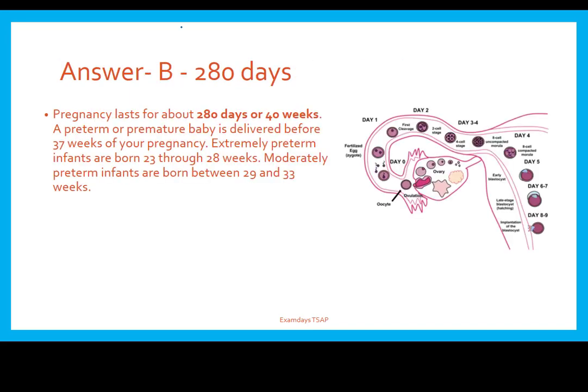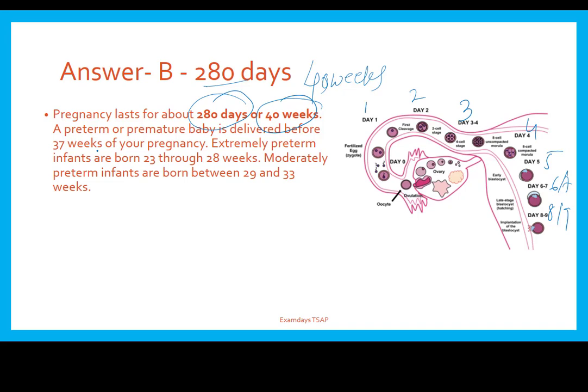Here is the image from day 1 through day 9, covering how many days come under the 40 weeks. When counted in days, it is 280 days. So the pregnancy lasts about 280 days.